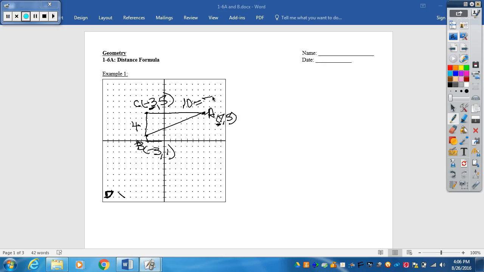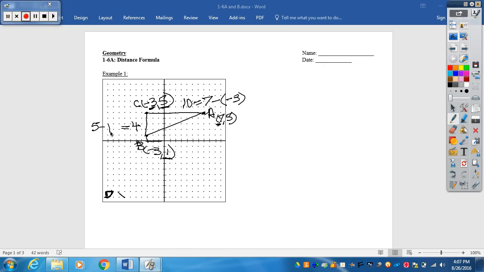So I'm going to write this out. 7 minus -3. Okay, that actually equals 10. And if you look at the 4, if I take 5 minus 1, I get 4.